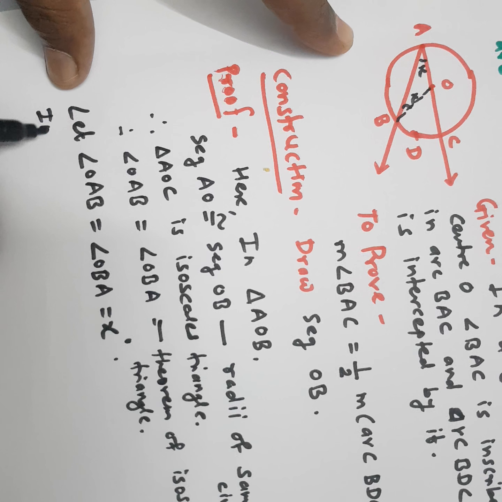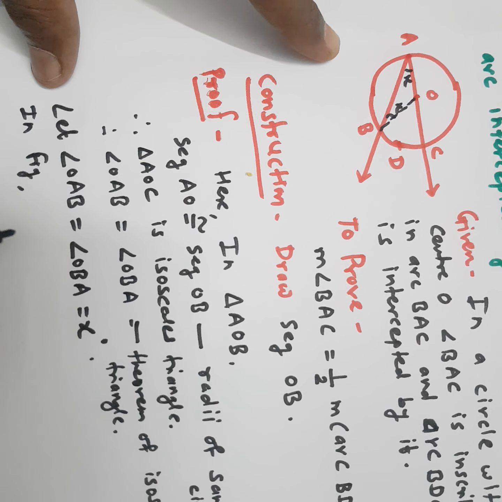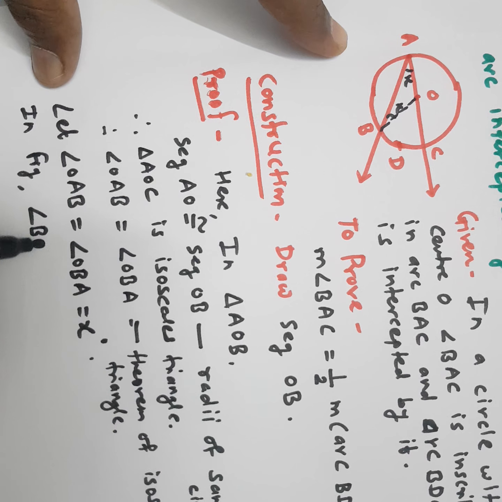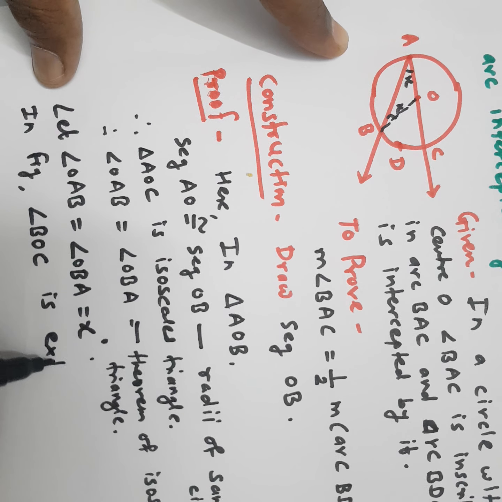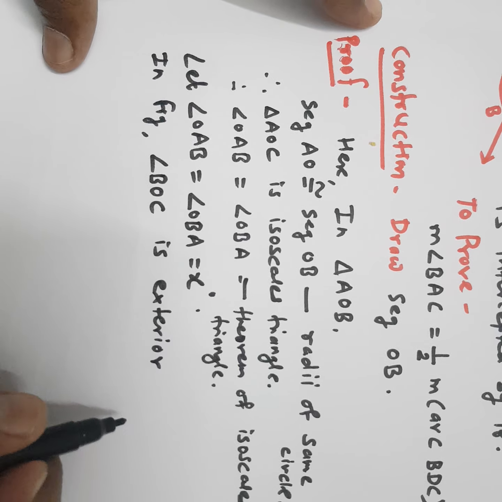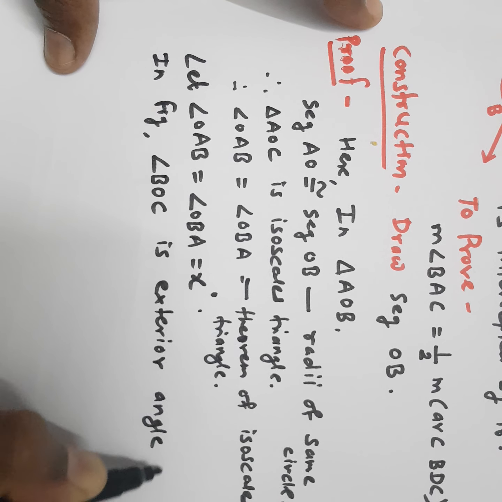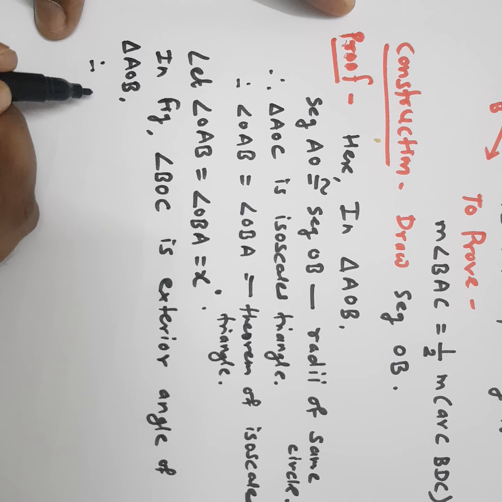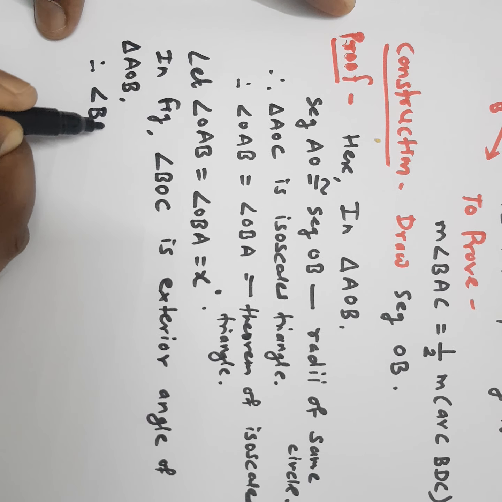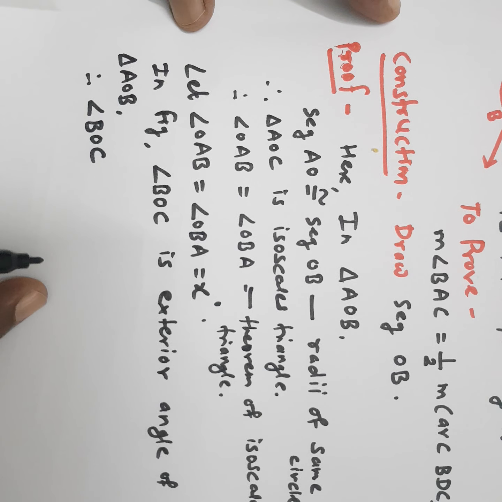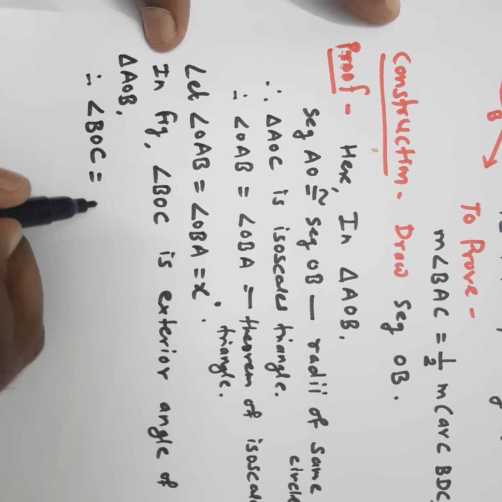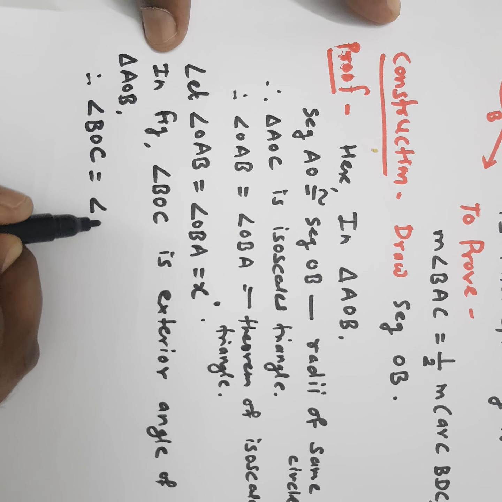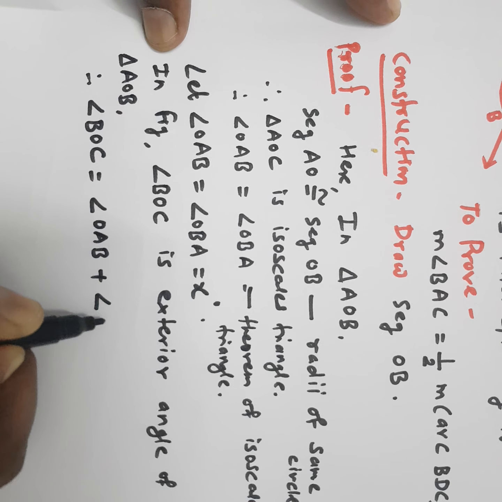In the figure, angle BOC is an exterior angle of triangle AOB. Therefore, measure of angle BOC is equal to angle OAB plus angle OBA.